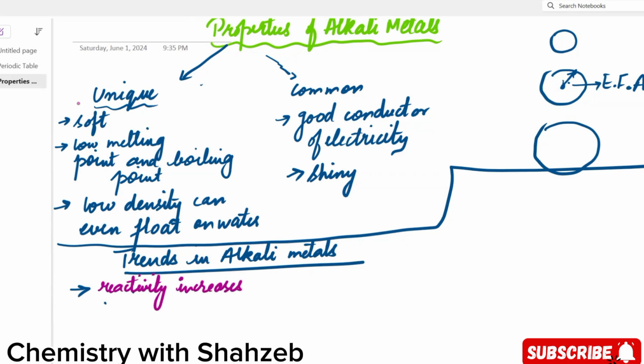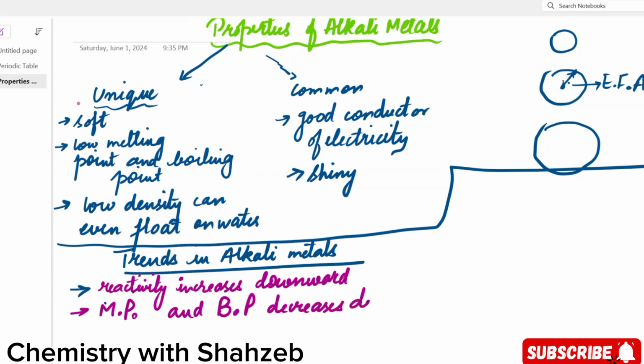Second, very important, their melting point and boiling point decrease downward. Then their density also increases downward. So these are some trends present in alkali metals.